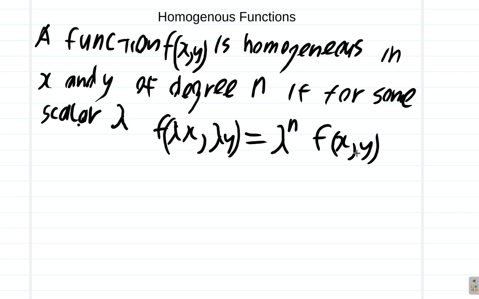Then it is homogeneous. What that means? This number raised to the power is a factor, the same factor, the homo part of the word, same factor throughout the entire function, right? Now here it has the same factor throughout the entire function.